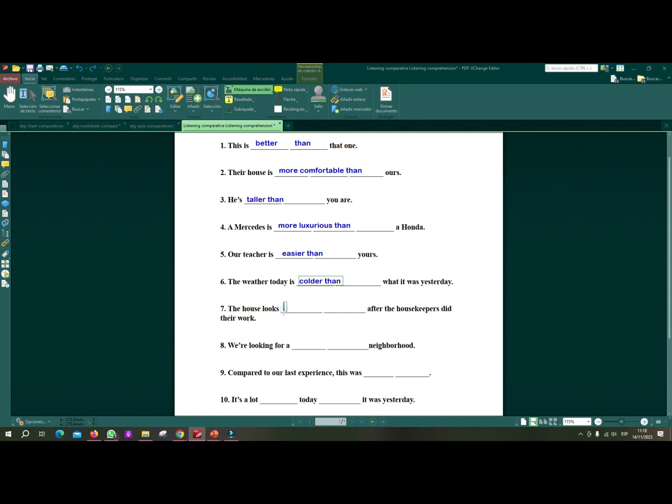Number 7, the house looks much cleaner after the housekeepers did their work, right? 8. We're looking for a more convenient neighborhood, right? 9.